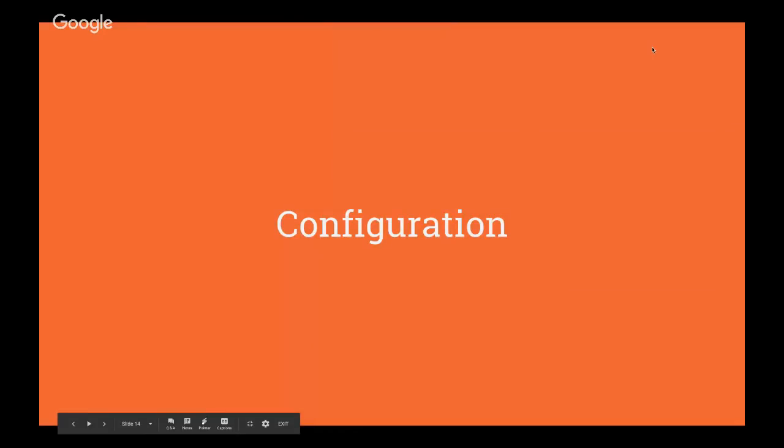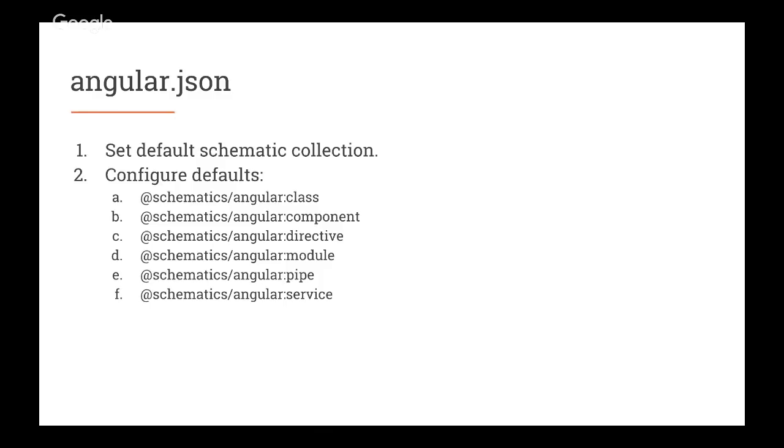All right. You want to talk a little bit about configuration first and how we can configure schematics? Sure. Yeah, so when you're starting with schematics, even with just the Angular CLI, we were just talking a little bit about the angular.json file. They introduce the ability to set defaults for your schematic collection.